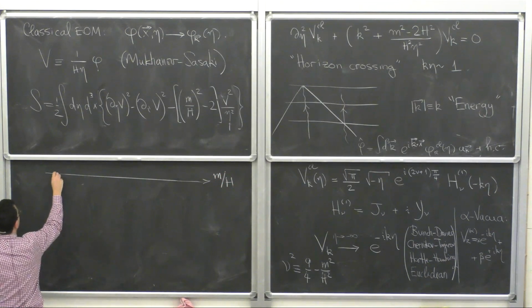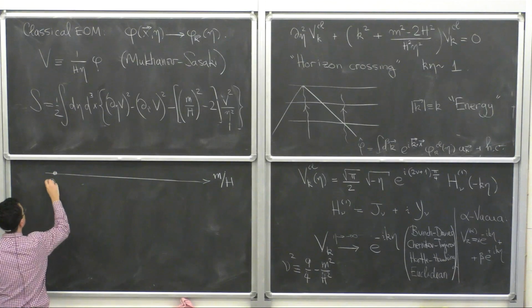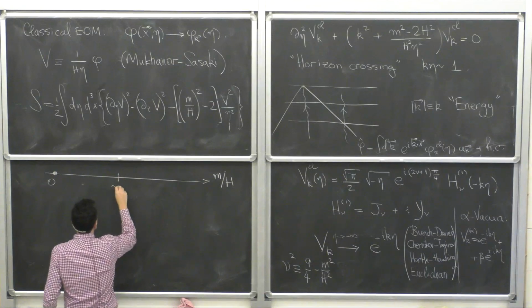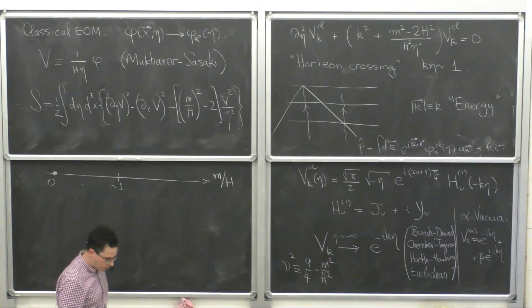So one way to think about it is if you plot here m over H, then if you look at 0, well, this is order 1, okay, it's a 3/2 or whatever.